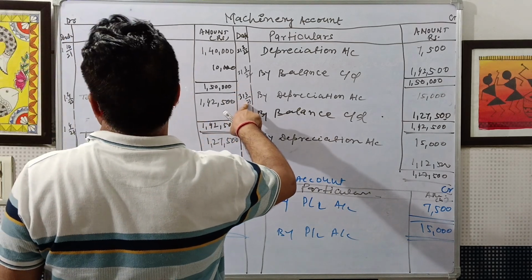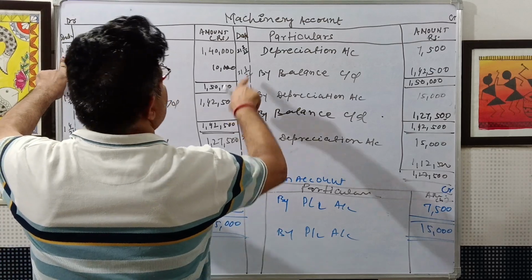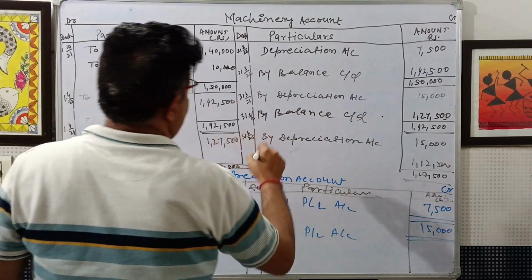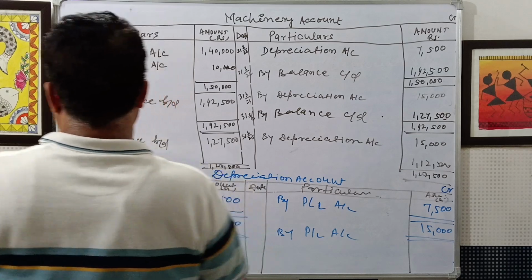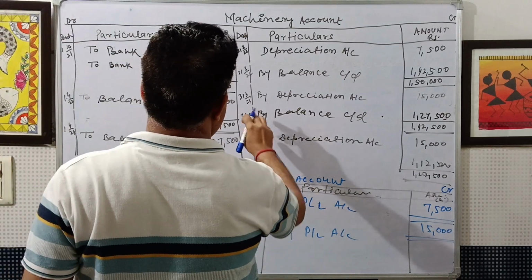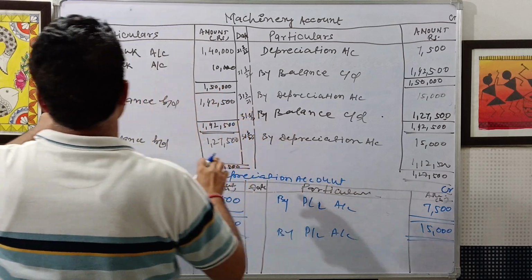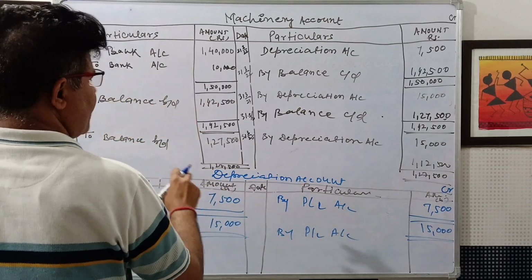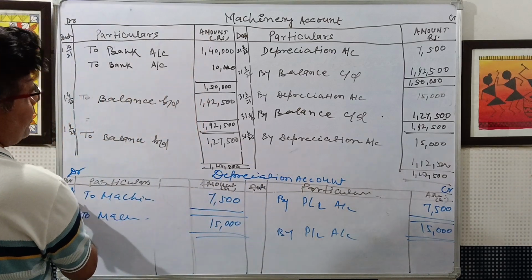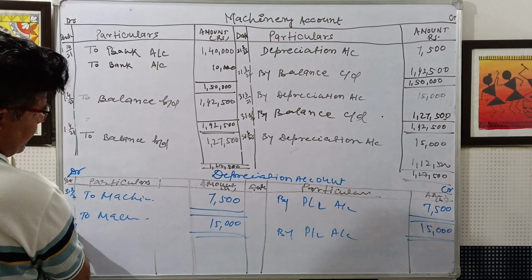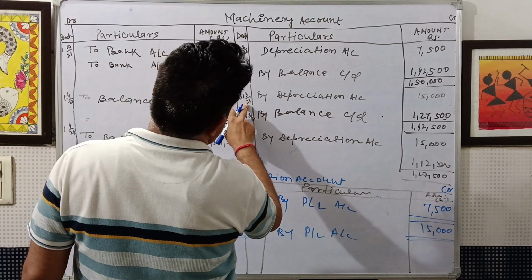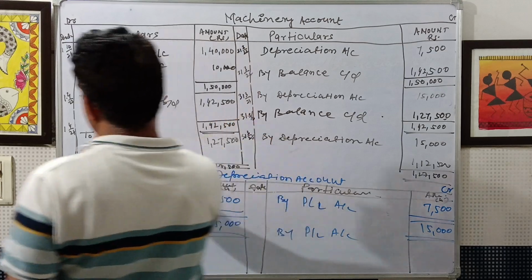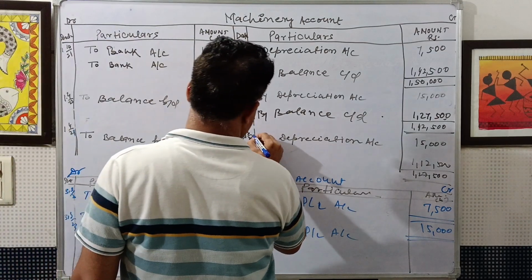31st March. First one is the 22, 23, and 23, 24.